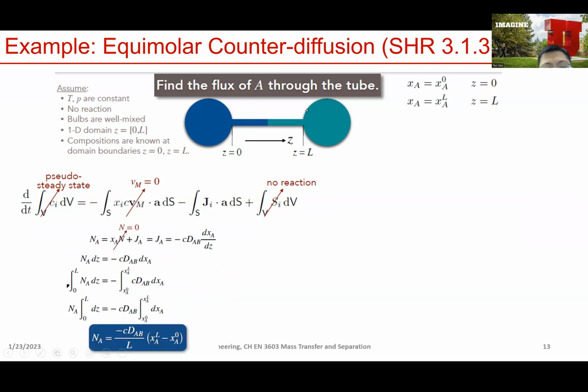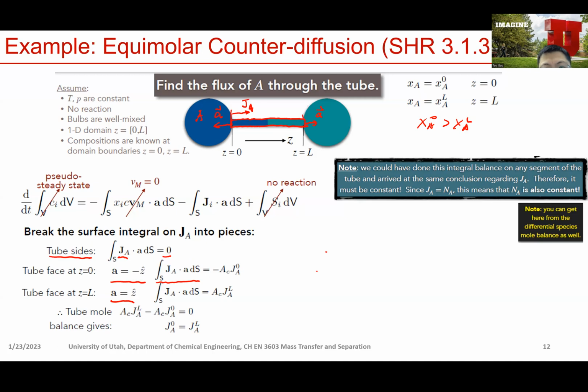Similarly here, it's the same. Okay, now we get a sense about the direction of the unit normal vector of our control volume as well as the flux, right?